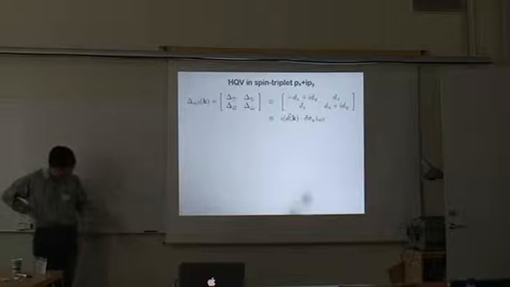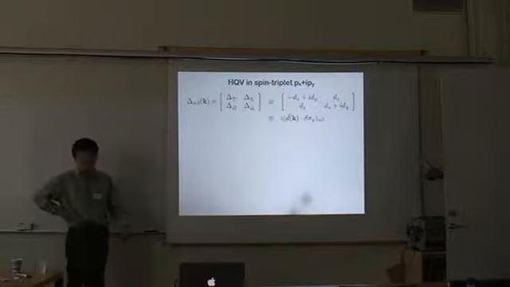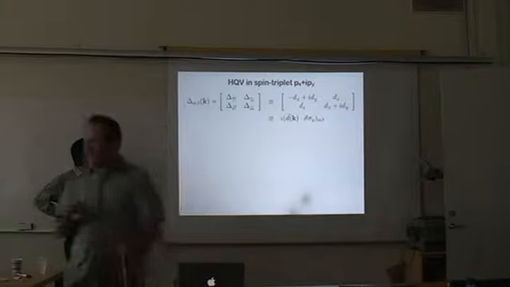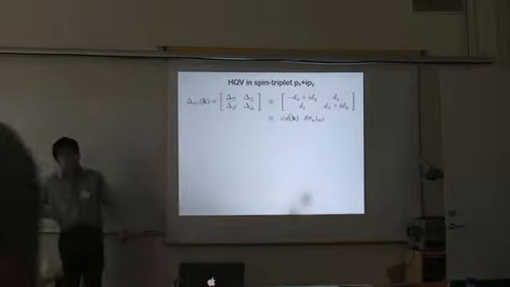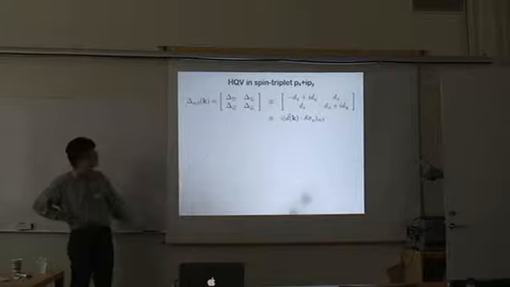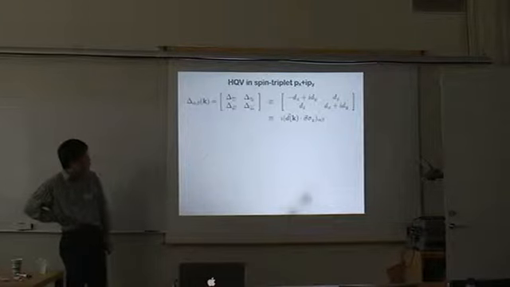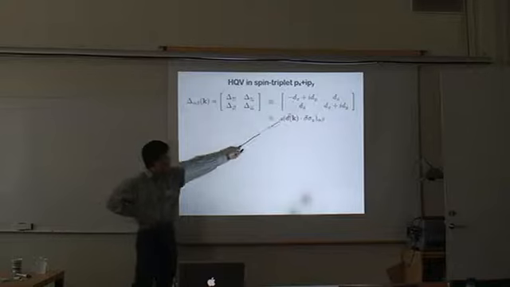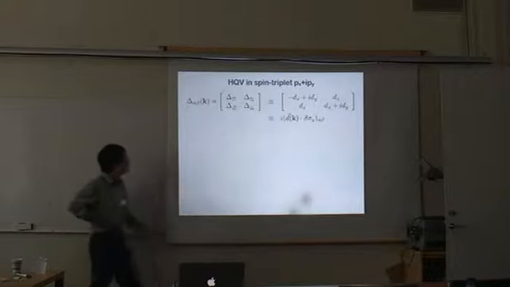Because you have more than one possibility of this pairing state as far as the spin degree of freedom is concerned, this in turn can be parameterized by this D vector, which is defined this way.